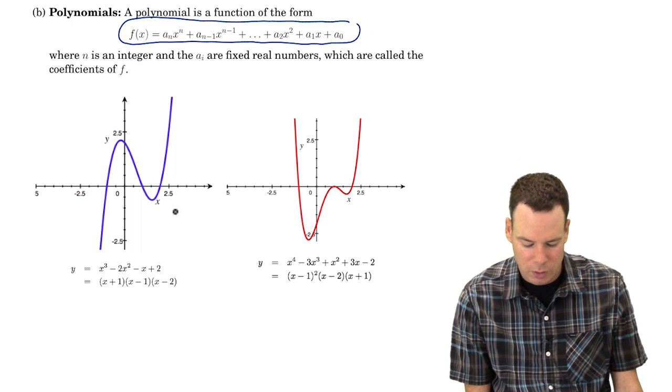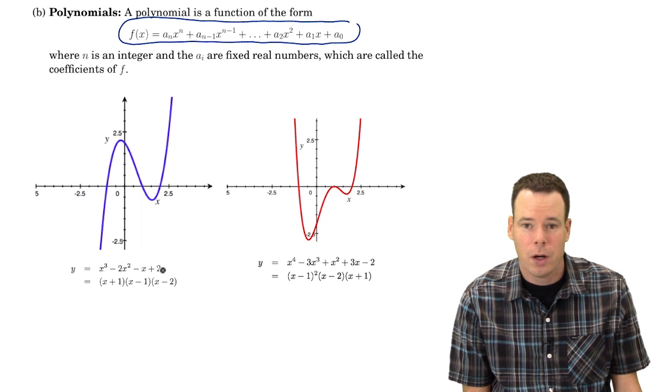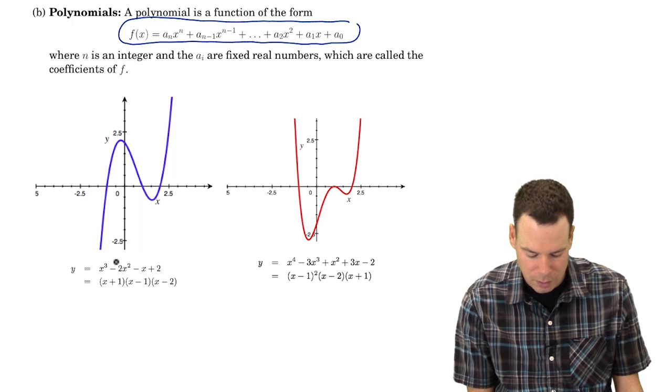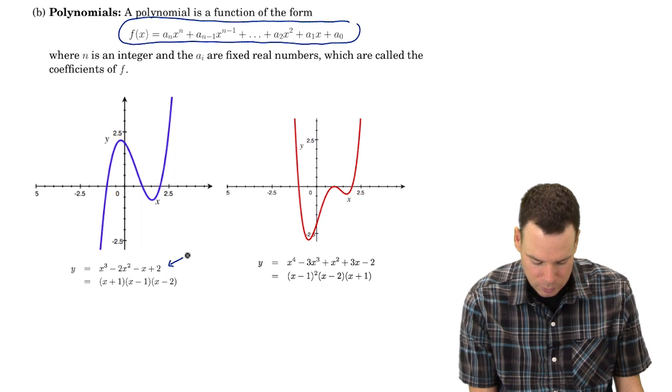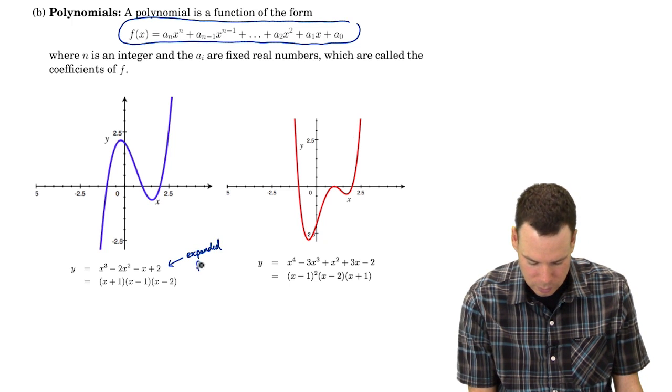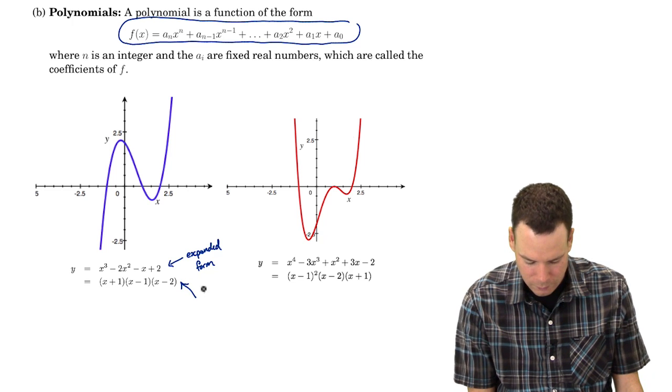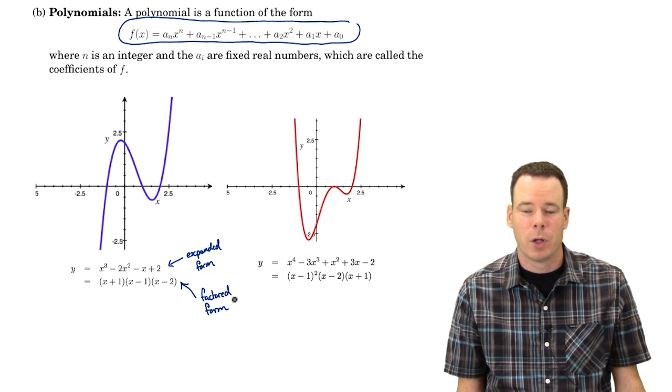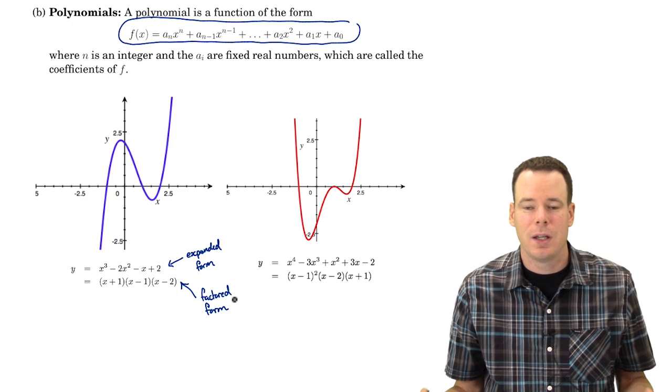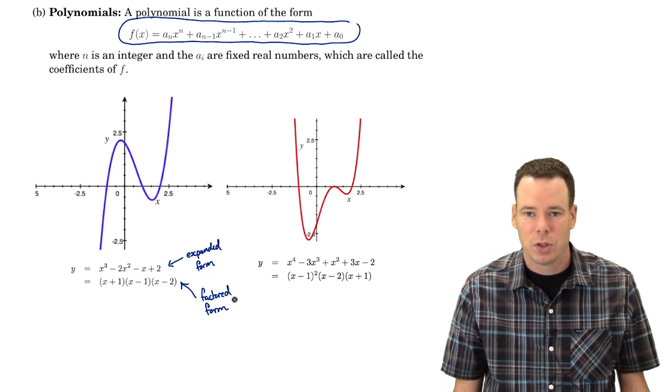So you may remember that when you've been dealing with polynomials, you often deal with them in one of two forms, either the expanded form or this form here, which is known as the factored form. Now the point with the expanded and factored form is that each one of them gives us different information about the function.